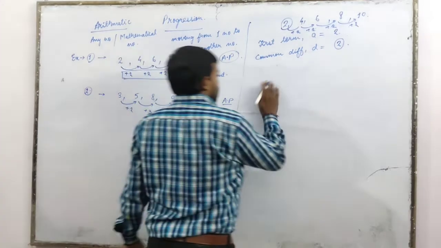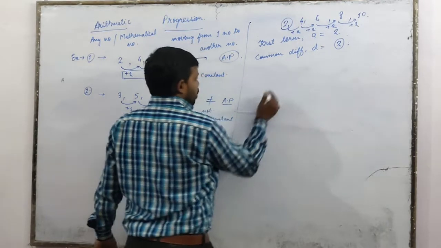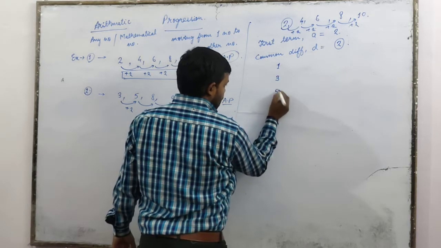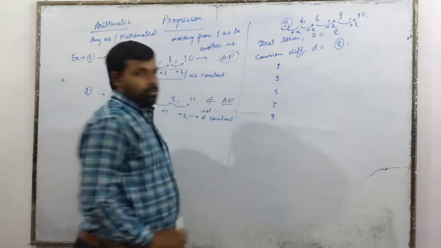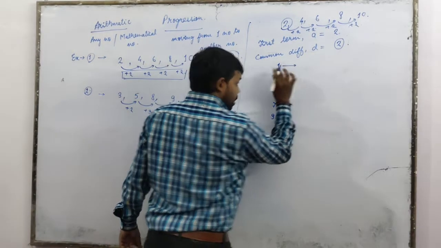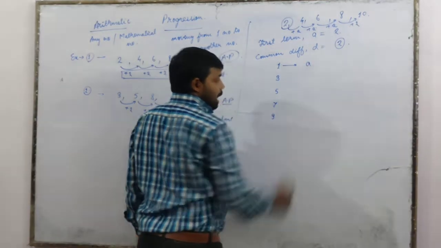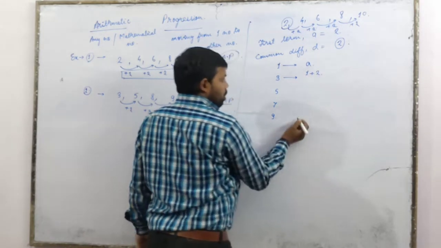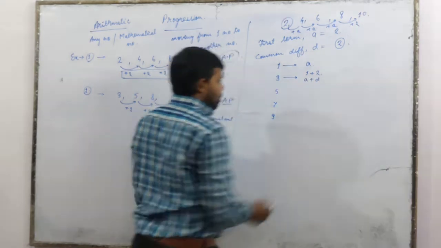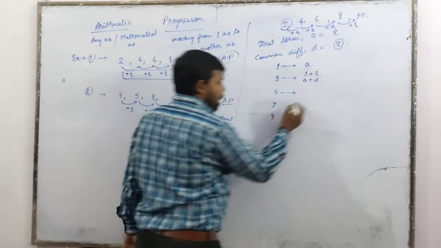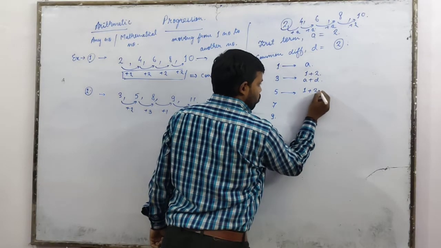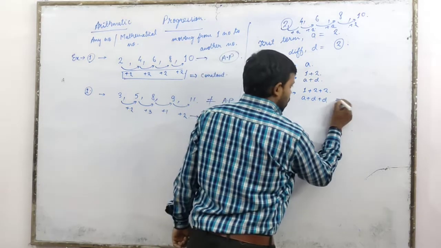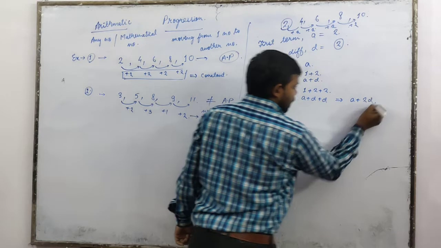Right? Suppose let's take an example and understand the other things. This is 1, 3, 5, 7 and 9. This first number 1 is said to be A. The second number 3 can be written as 1 plus 2, which is A plus D. The third number, 5, can be written as 1 plus 2 plus 2, which in short is A plus 2D, right?